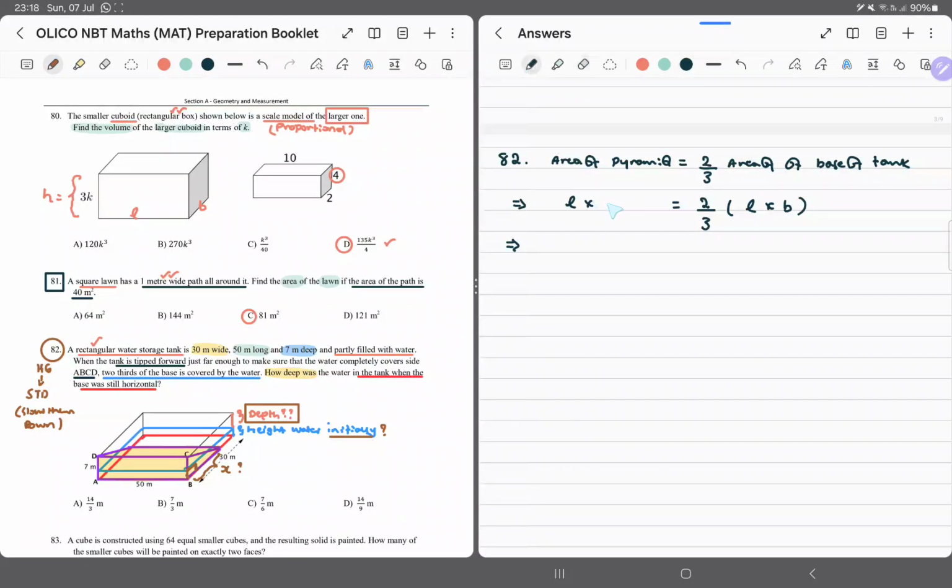Now the breadth of the pyramid is X, so the length is 50 meters. 50 into X equals 2/3 into, now the length here is 50 still, times 30. Okay, this is nice.